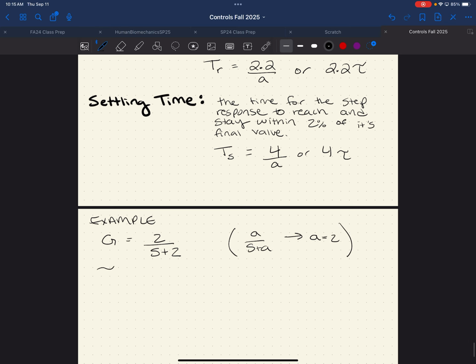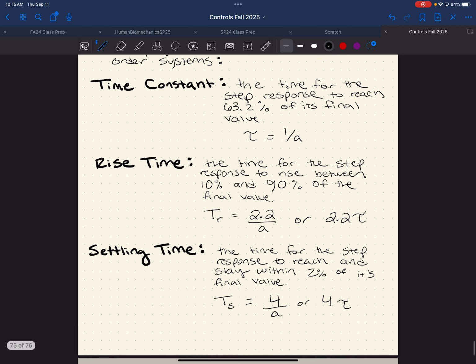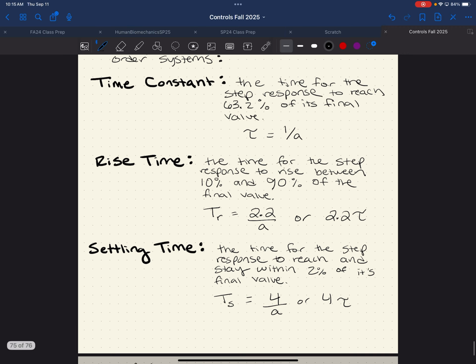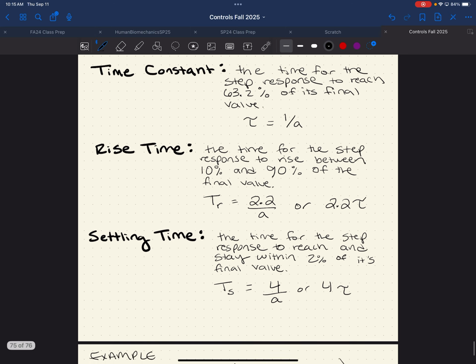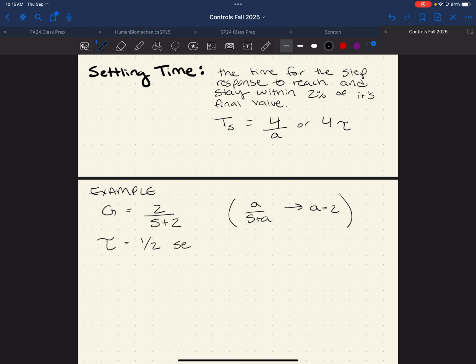So tau is then what? Tau, 1 over 2, yep. What are my units? It's a time. Yep, it's a time. So this is 1/2 seconds.